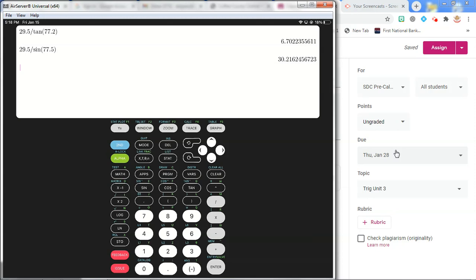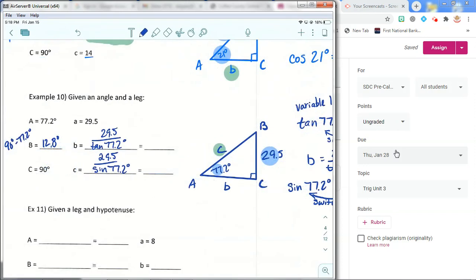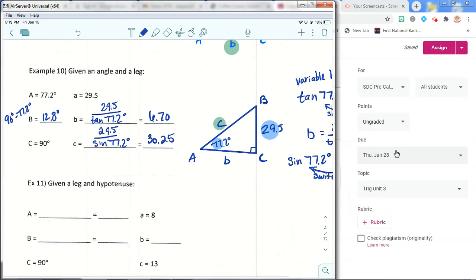Oh, I typed that wrong. There you go, 30.25. And again, the smallest angle and smallest sides go together, and largest and the middle go together.